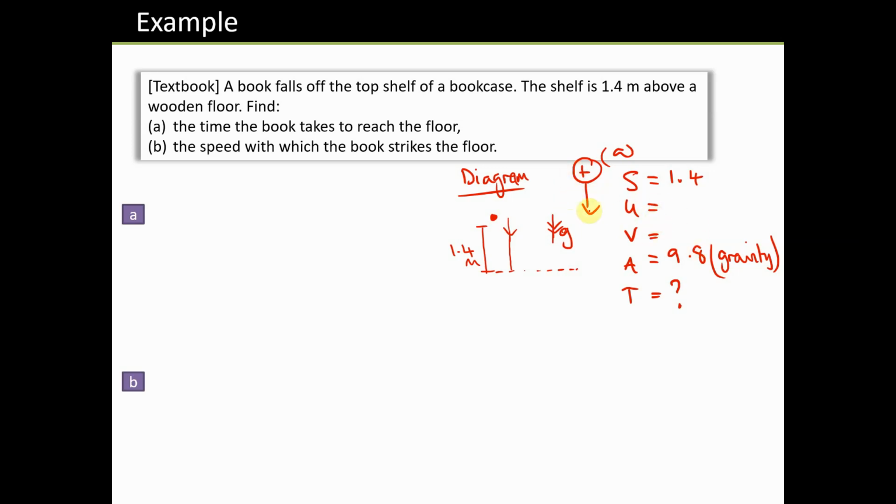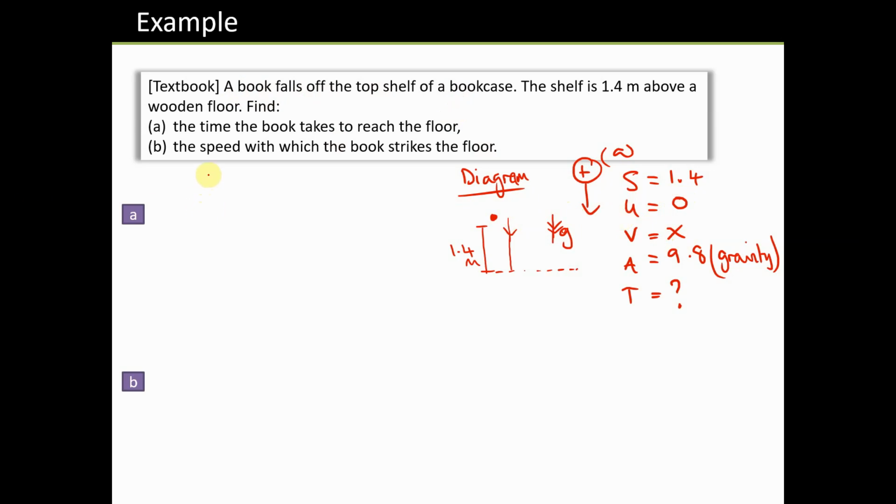We need one more piece of information in here. The book falls off. Well, if something's just falling, it's going to fall from a standing start, so the initial velocity is going to be 0. And in this case, for part A, we don't need to know anything about the final velocity to answer this.